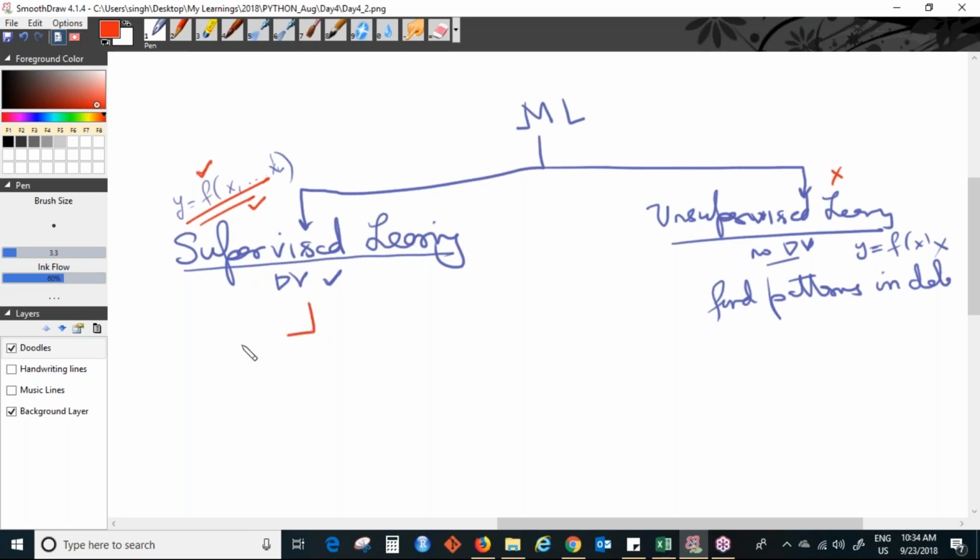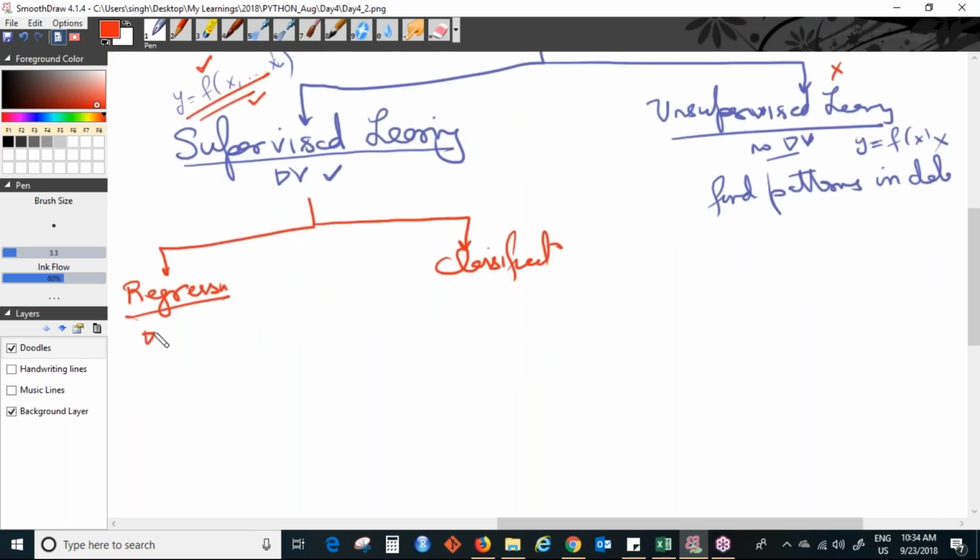Now supervised learning is divided into two parts. One is called regression. One is called classification. Now what is regression? Regression is when the dependent variable is quantitative, and classification is when the dependent variable is qualitative.